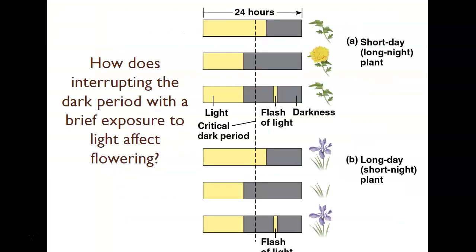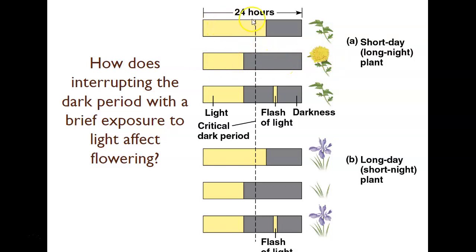And here's an example experiment showing how that is. For a short day plant, the ones that like the short day, this middle bar here is showing you how the plant can grow. Short day, long night, perfect.